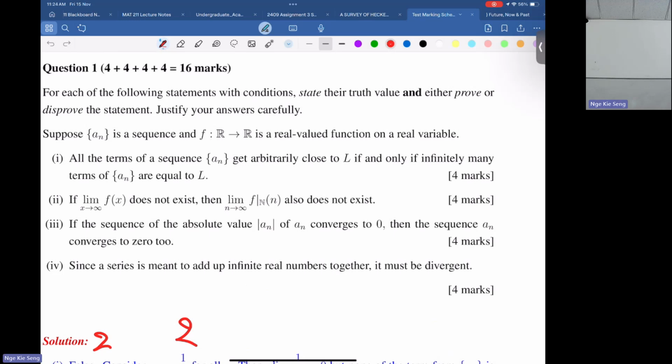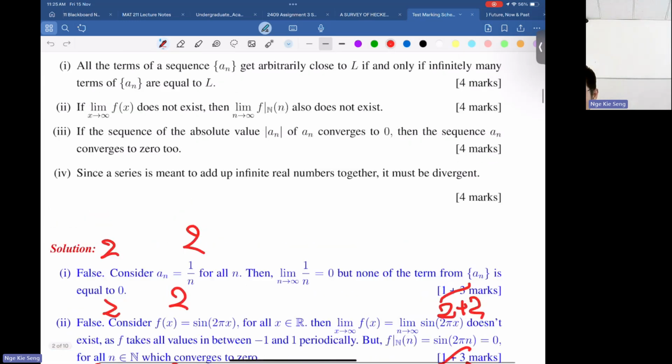For example, part 1: all the terms of a sequence get arbitrarily close to L if and only if infinitely many terms of a_n equal L. If you remember, I drew an ex function in class when I talked about this proposition. What is this statement trying to say? If the limit is L, it doesn't necessarily mean infinitely many points equal that limit. So the answer is false.